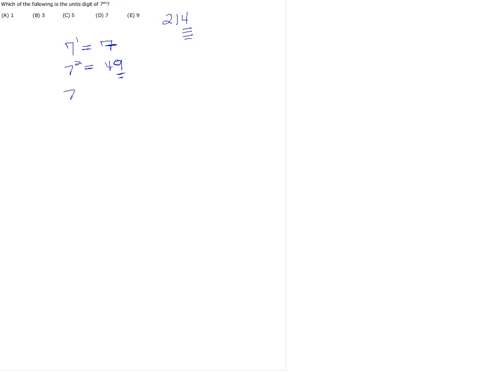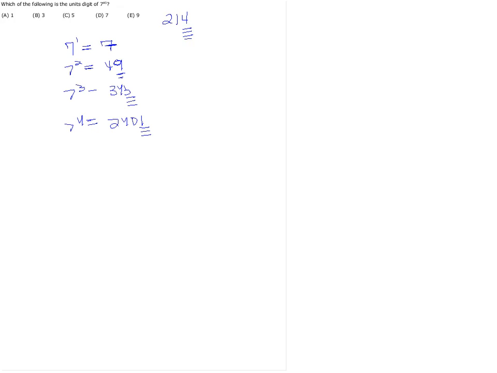If we cube 7, that's 343, unit digit of 3. If we raise 7 to the 4th power, we multiply that by 7 again, and we get 2,401.